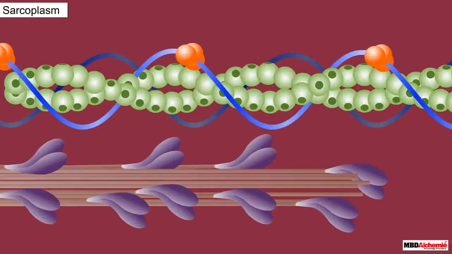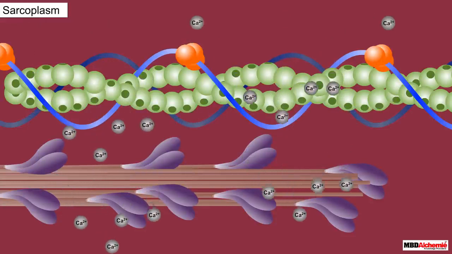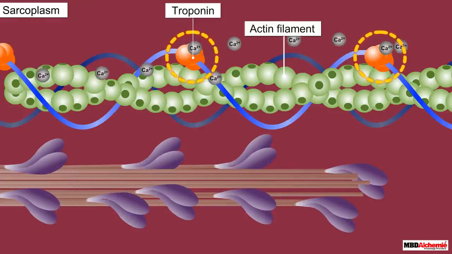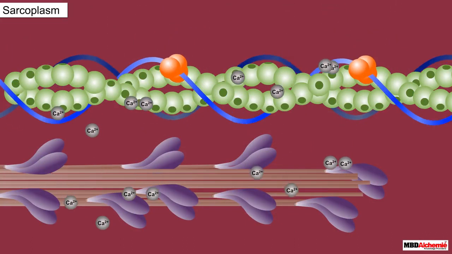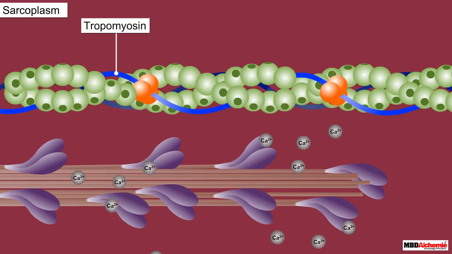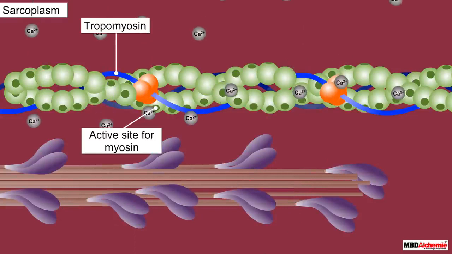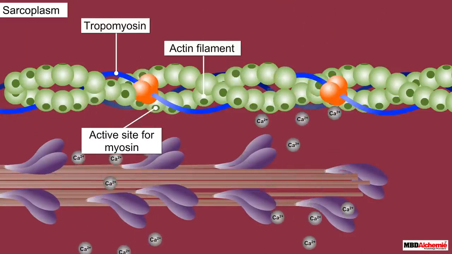This in turn increases the level of calcium ions in the sarcoplasm. The increased level of calcium ions leads to the binding of calcium with the subunit of troponin on the actin filaments. This interaction triggers a conformational change in the tropomyosin, thus preventing it from masking the active sites for myosin present on the actin filaments, leaving them exposed.